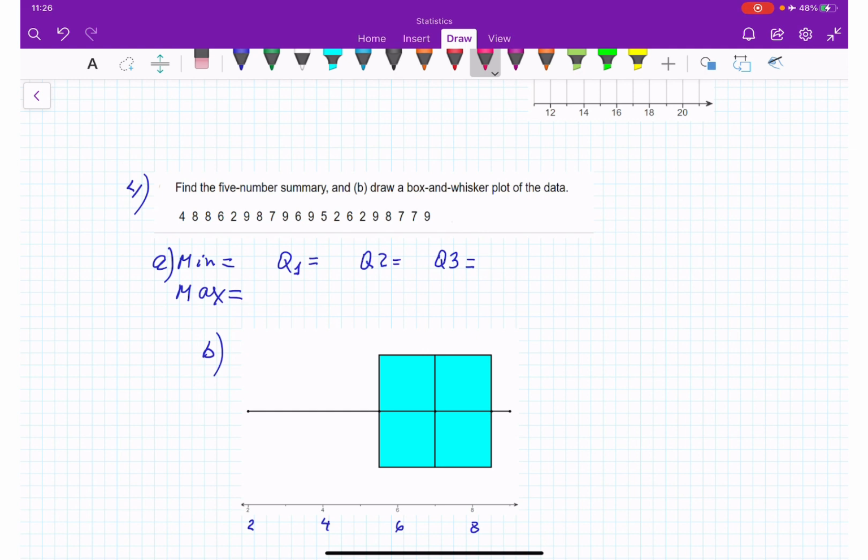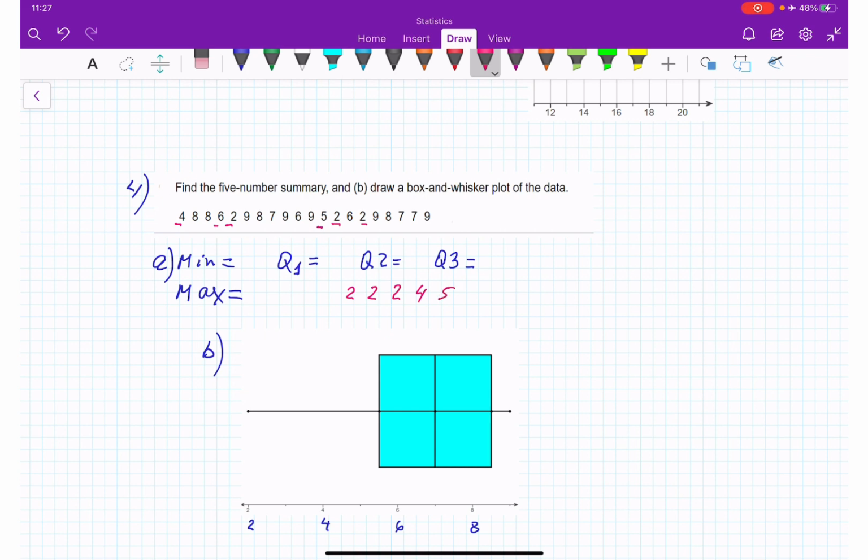So the smallest number we have is 2, and there are 3 of them. Let me write it down. I'll put it here to have space. 2, 2, and then another 2. And then 4. After 4 comes 5.